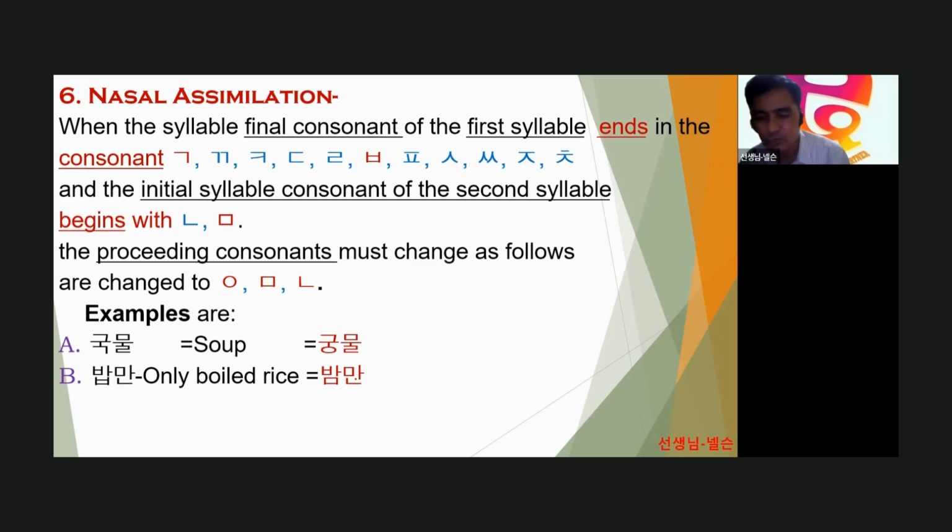So, balik tayo kay Miss Sweet. Miss Sweet, kindly read this sentence from nasal assimilation to this character, Neon.